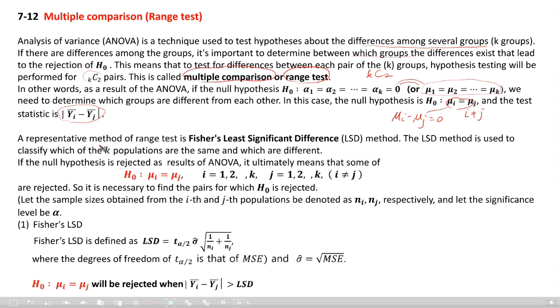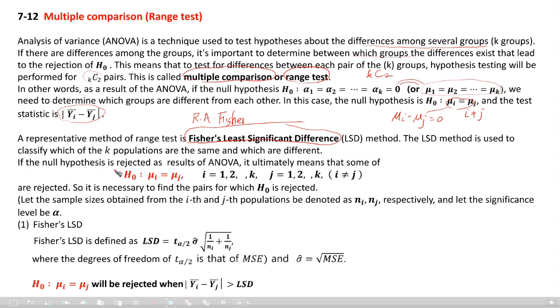A representative method of range test is Fisher's least significant difference, LSD. I already told you about R.A. Fisher, who developed this ANOVA idea 100 years ago. Is that far ago? I think he's a genius. The LSD method is used to classify which of the K populations are the same and which are different.